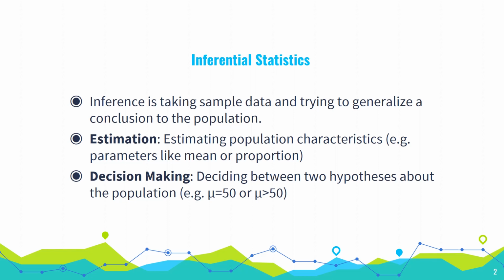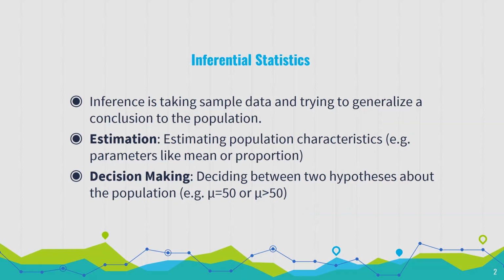We're deciding between two contradictory hypotheses about the population. Is this true or is that true? Is the population mean 50 or is the population mean greater than 50? These are the kinds of things that we look at with decision making. And we're going to be looking at these two tasks this week and next week respectively.